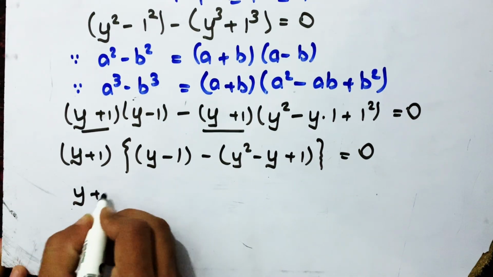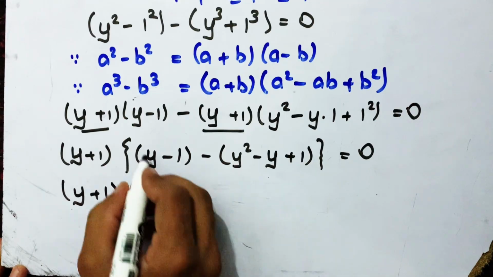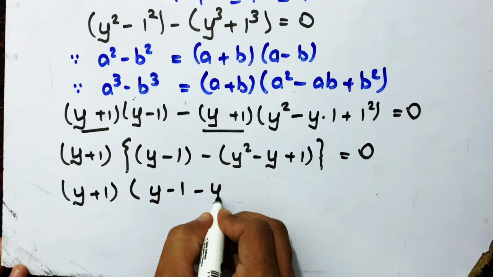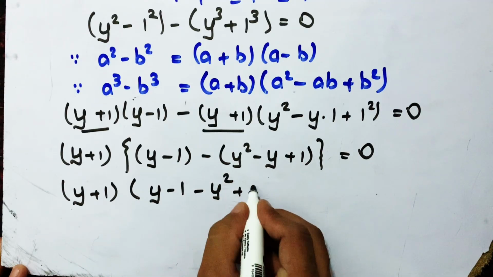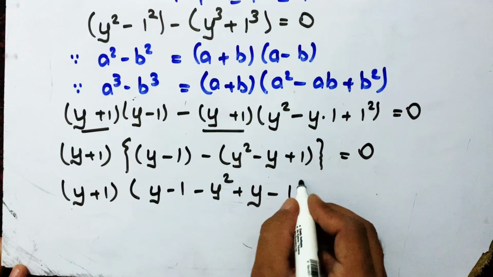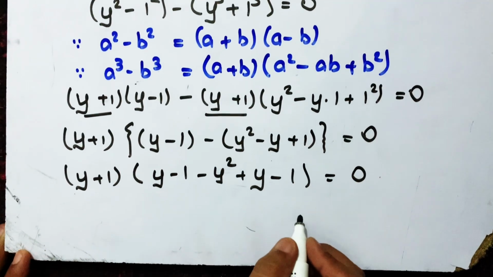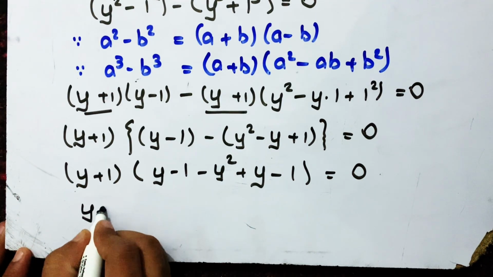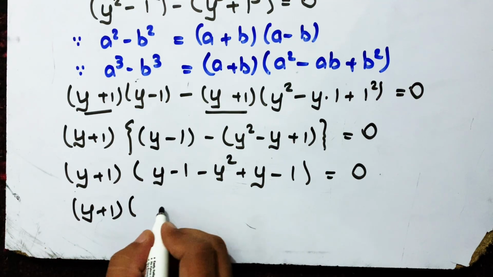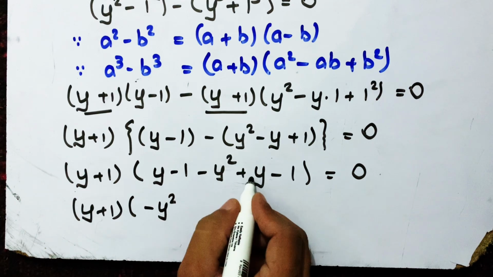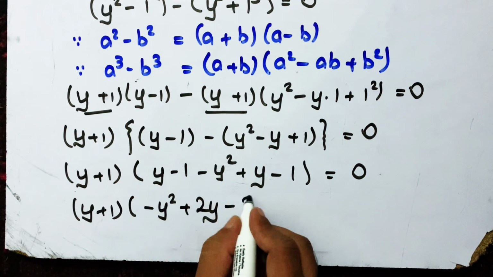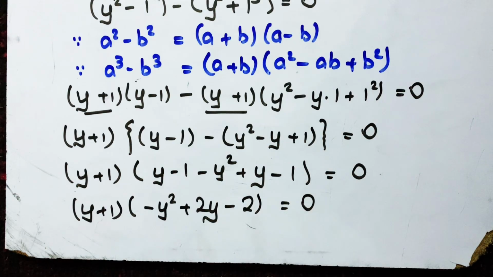So y minus 1 into y plus 1 minus y square minus y minus 1 is equal to 0. This means y minus 1 into minus y square plus 2y minus 2 is equal to 0.